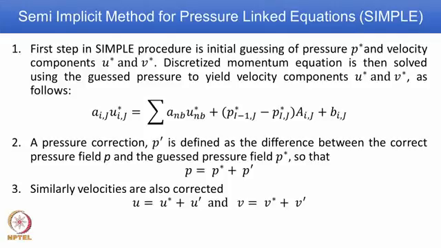The actual pressure is P, the guess pressure is P star, and the correction pressure is P prime. If you add the correction pressure to the guess pressure, that will result in the correct pressure field.